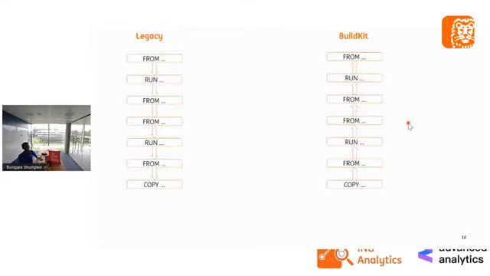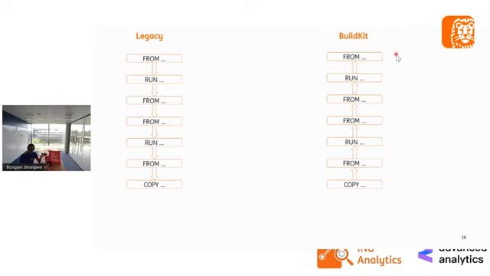Now, what did I mean that the legacy builder is linear? Well, if you take a look at the left, when you run Docker build on your Dockerfile, the legacy builder goes in a top-down fashion. It'll just go top to bottom, and run each step in this linear fashion. Versus BuildKit, when you run your Docker build, BuildKit first traverses from the bottom up.